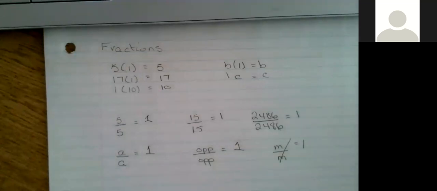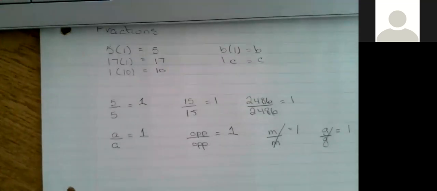That's what we're trying to do in this section, is get the units to disappear. Or if we have grams divided by grams, it's going to go to 1 and my units disappear. All right, so anything divided by itself is 1.